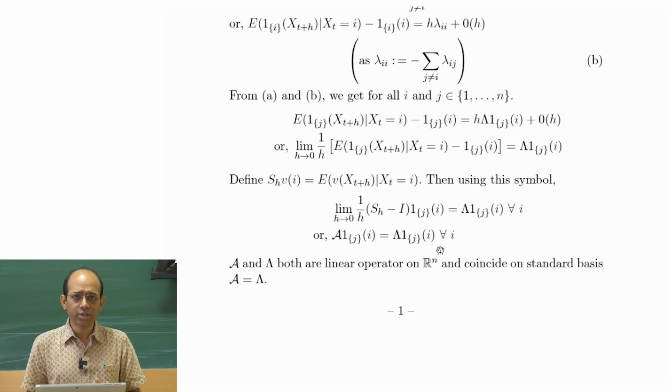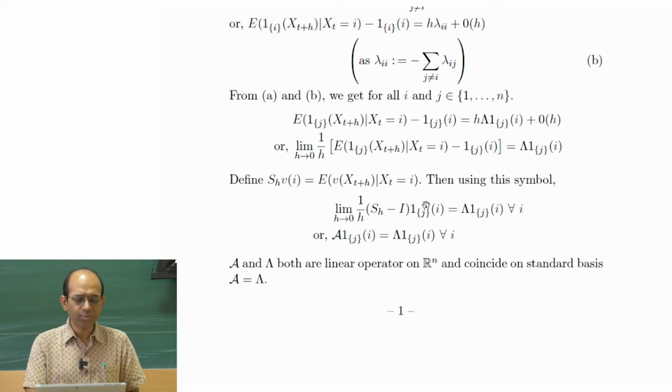The definition of the generator was that you take S_h minus the identity, divided by h, and operate on a particular function v, and that gives you the generator.